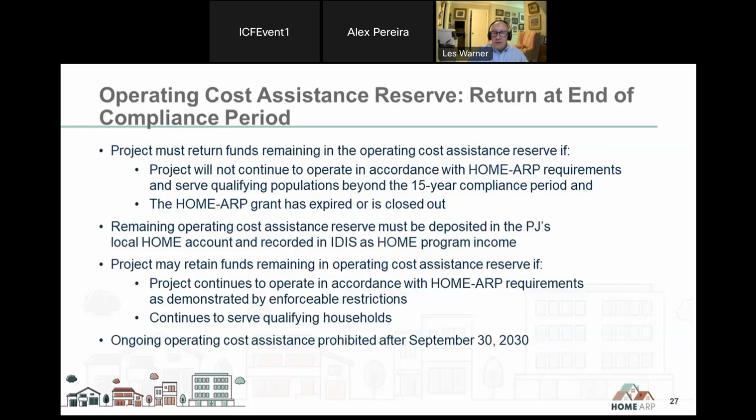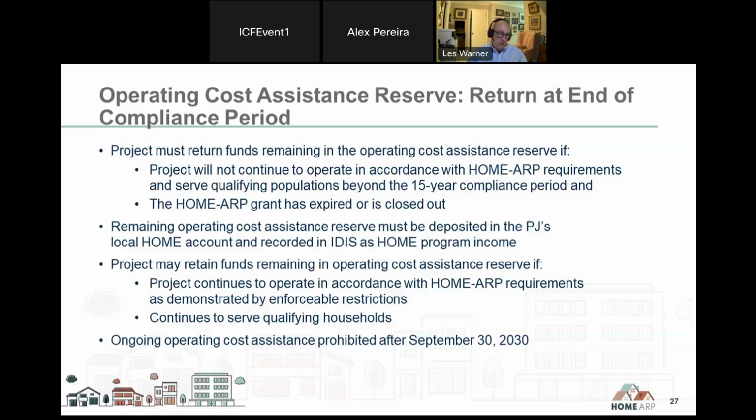So for our projects that have completed their compliance period and we still have funds that are remaining, those funds that are remaining in that operating reserve would need to be returned if that project is not going to continue to operate as a HOME-ARP project and continuing to be serving that population beyond the 15-year period.